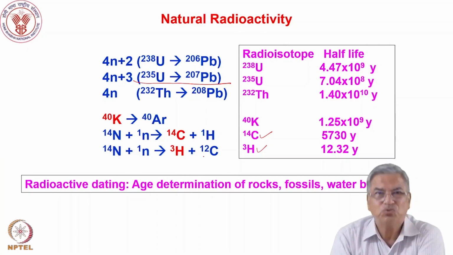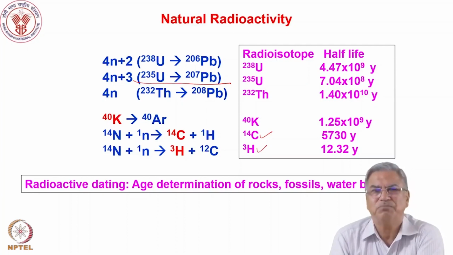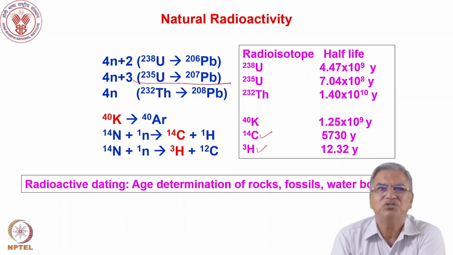Because of these two reactions continuously happening in the atmosphere, this atmospheric carbon and tritium can get into the water bodies by rains, and you will see that all the water bodies will have tritium. So natural water contains tritium, and even our body, any living organism, will contain carbon 14.